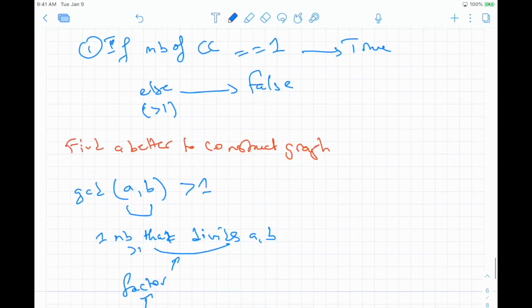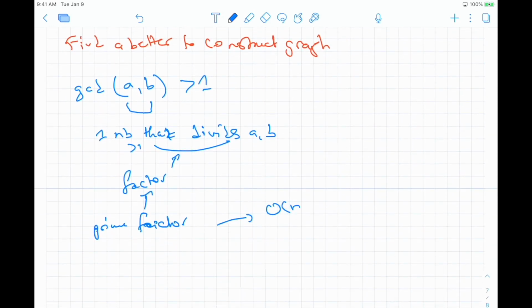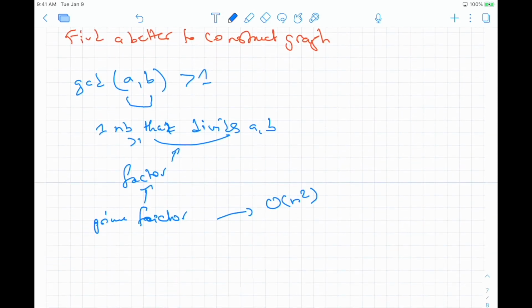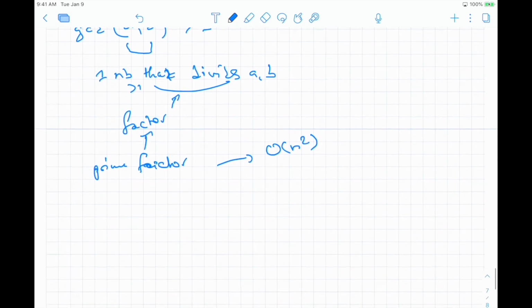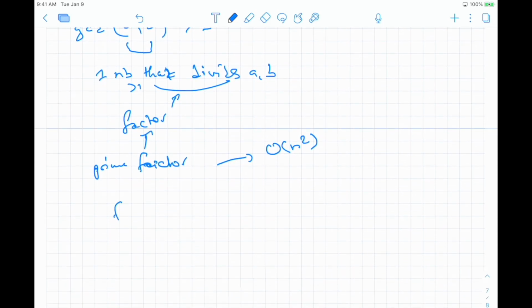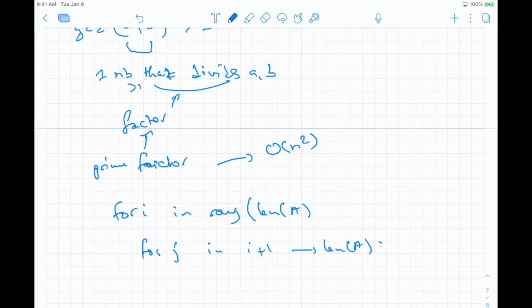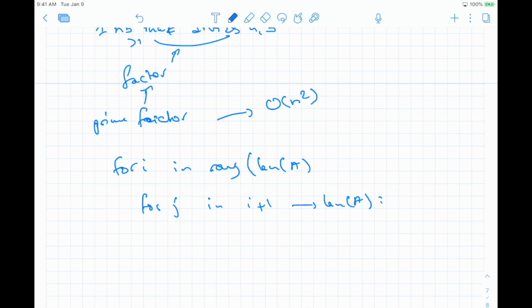So let's still think about doing it in O of n squared by using this prime factor approach. How can we do that? Well, we can just go through all the indices first, in the range of the length of A, then go for J from I plus 1 to the length of A, but then calculate the prime factors of A of I, and calculate the prime factors of A of J, and find the common one, if they share a common one.